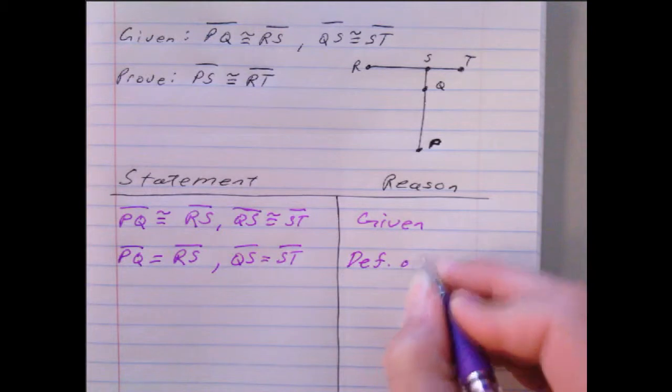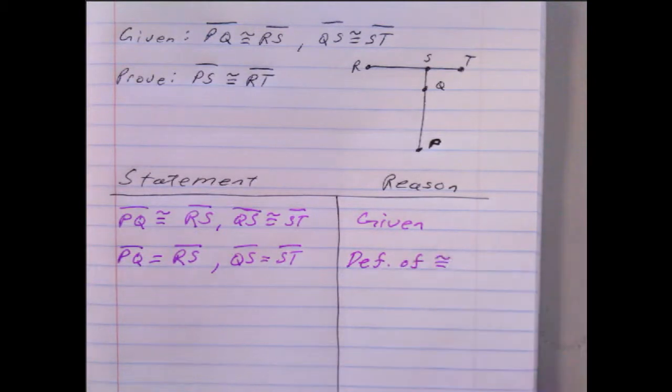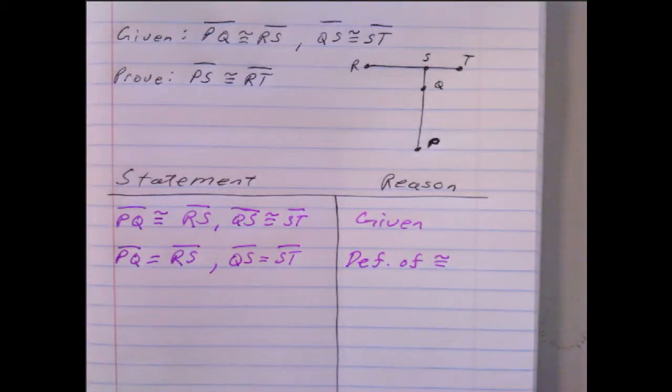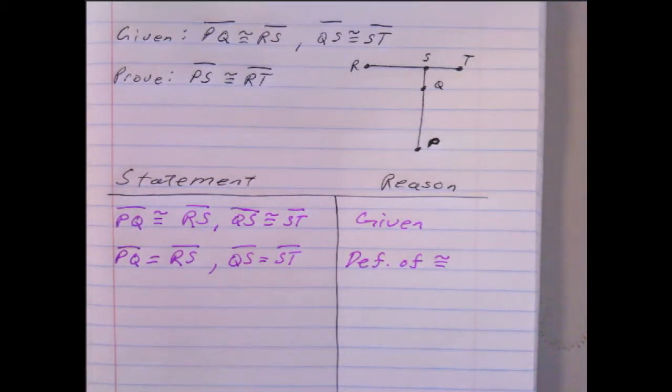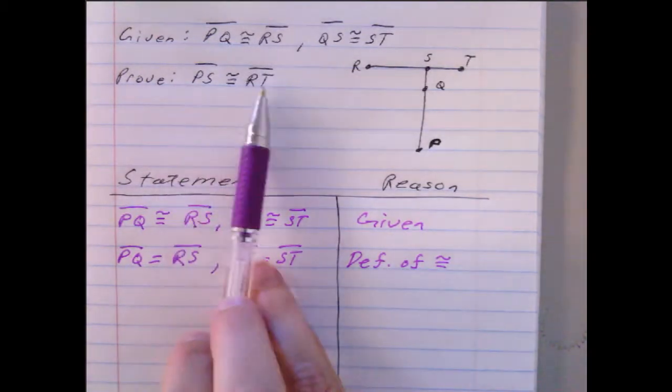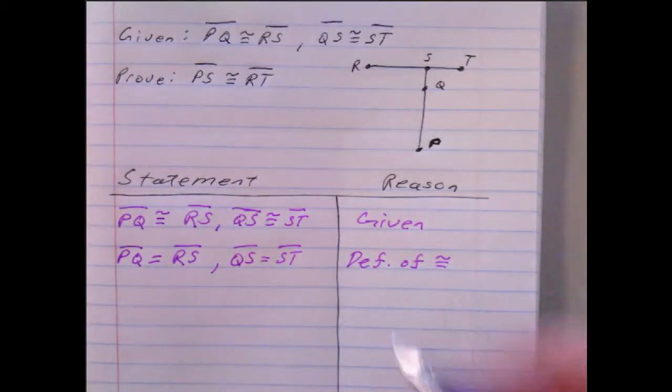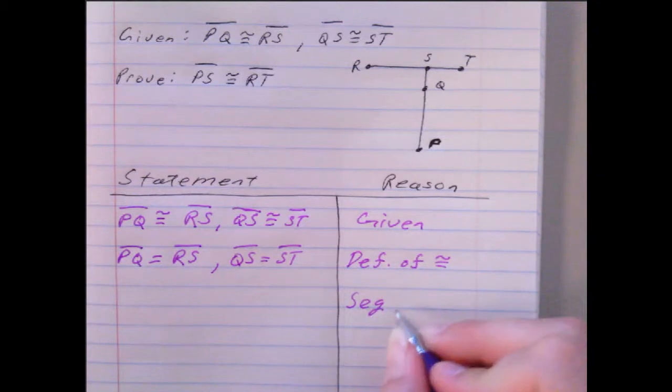Now, I've told you guys that there are several different ways to solve them, so if this isn't the way that you saw to solve it, that doesn't mean that your way is wrong, it just means that it's different. So please understand that there are multiple ways to solve any given problem. Alright, so then from here, we still need to get this PS and RT, so we're going to be adding some segments together, so we're going to do our segment addition.